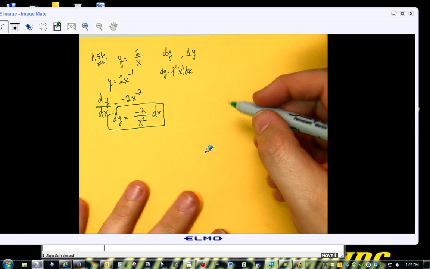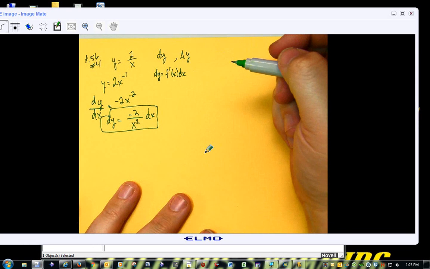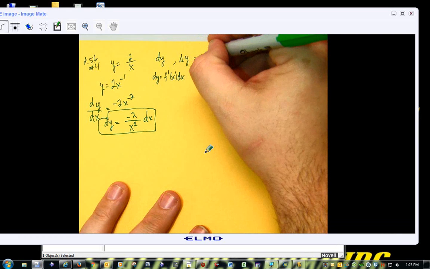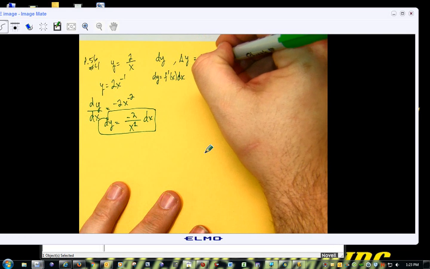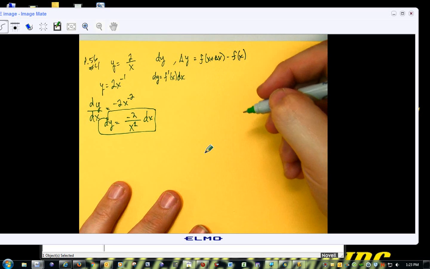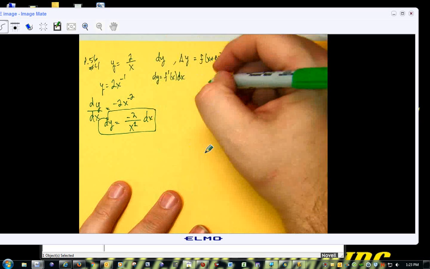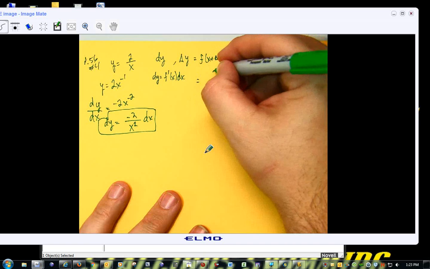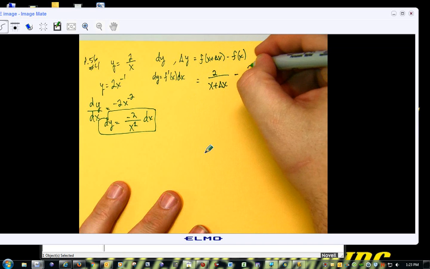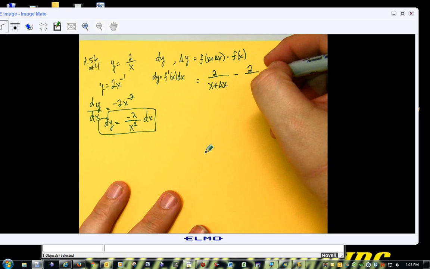So that's for dy. Now delta y. Delta y is equal to f of x plus delta x minus f of x. Which means I have to take 2 over x plus delta x, minus 2 over x.